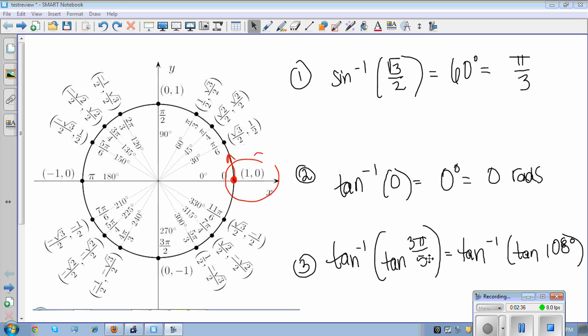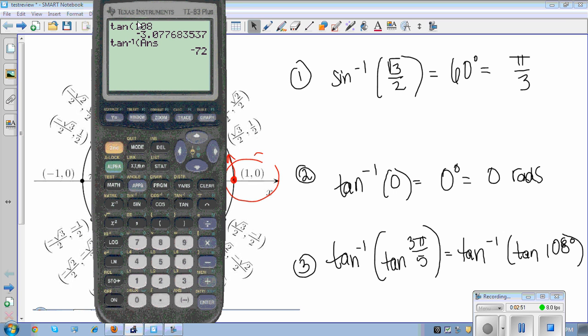I'll show you how they got the other one, but I will take either correct answer. I'll just have to go in and override your question for number 3 if you chose the one that actually makes sense. I took that 3 pi over 5 and changed it to degrees, and it's 108. The tangent of 108 degrees, and my calculator's in degree mode to get this to cooperate, would give me a tangent of negative 3.07 and so on.